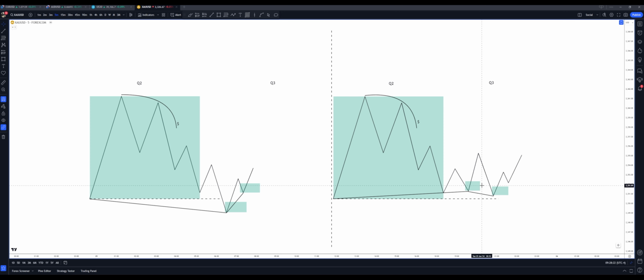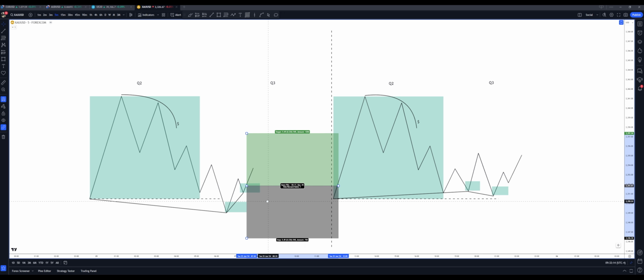So everything is basically not working with each other right now. Directly after we have 5-minute PSP SMT, we are going to target the top of the previous quarter.